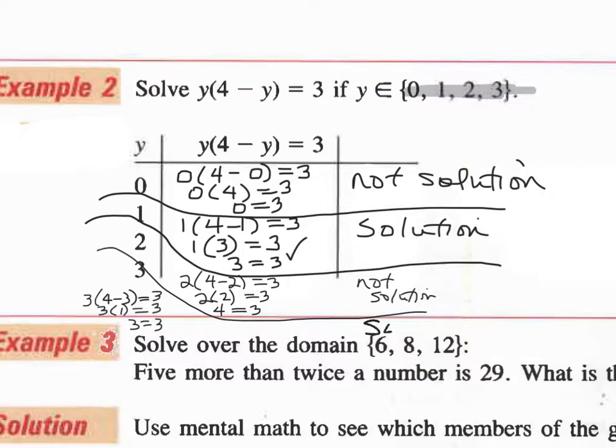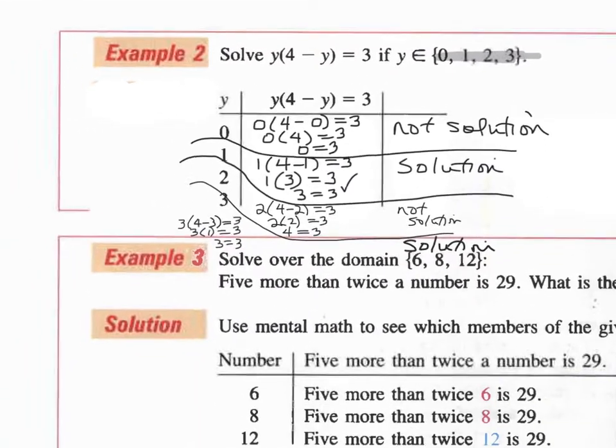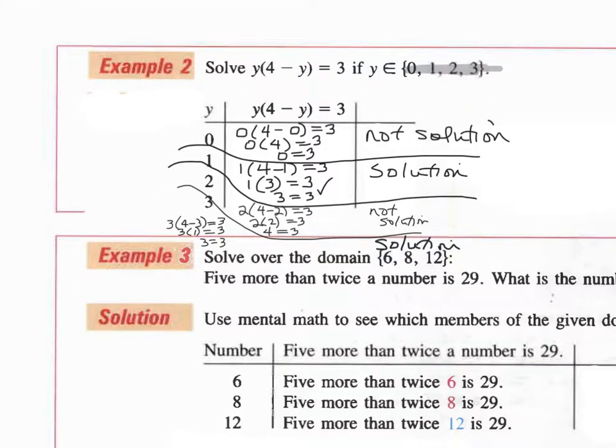So this one is a solution. Everybody with me on that? All right. So this is how you're going to do each one and try to figure out the solution by replacing and substituting and then following PEMDAS.